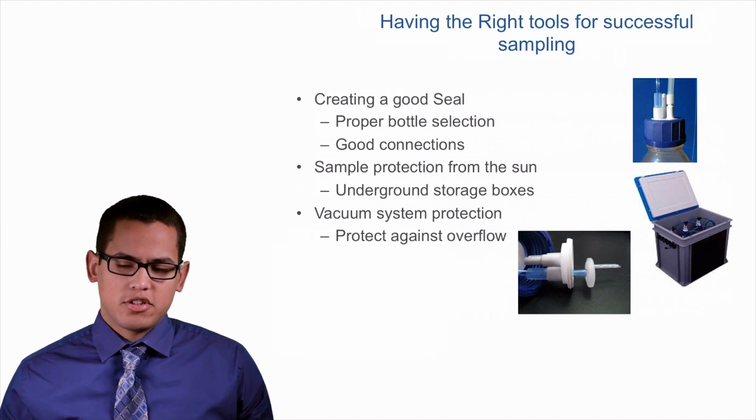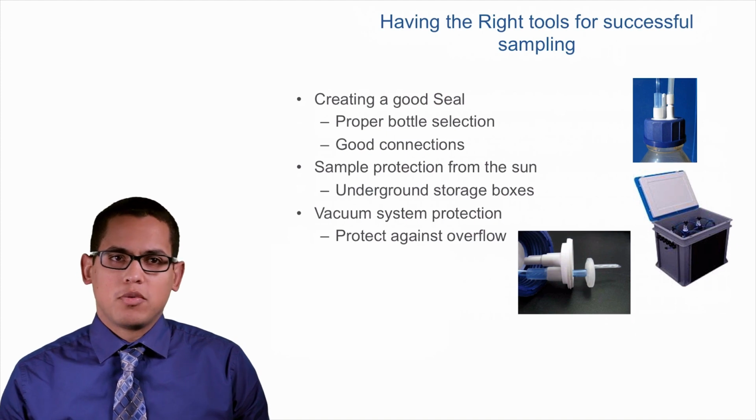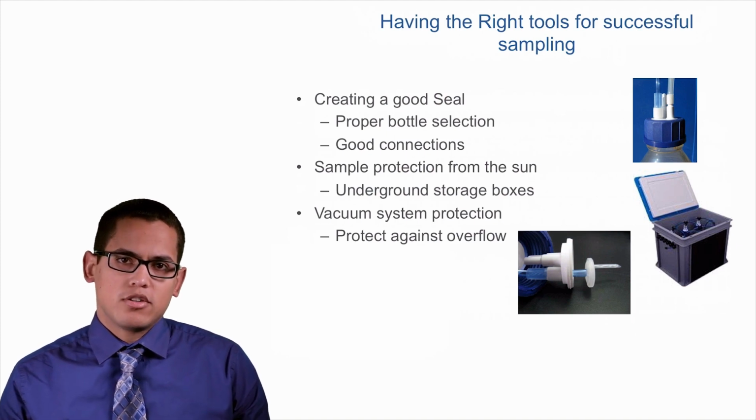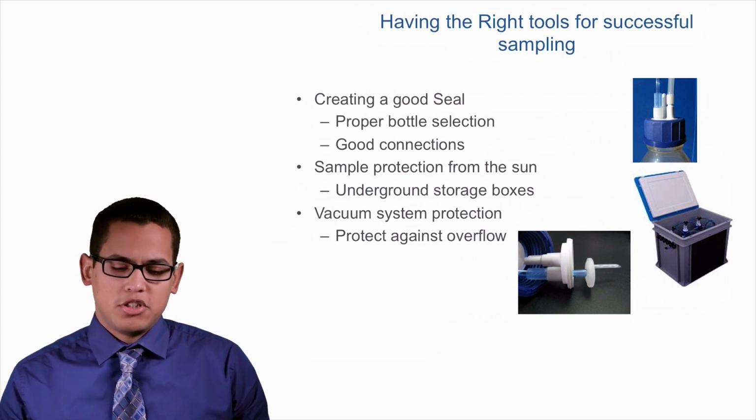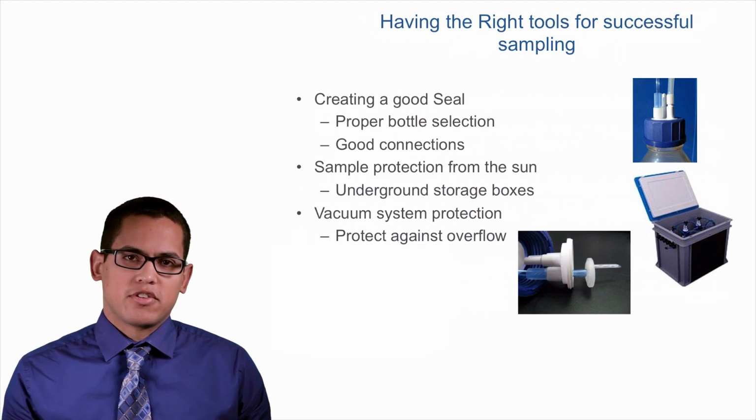Then some other considerations for the vacuum system, and primarily vacuum system protection, is you want to protect against overflow. Especially, you want to protect water from getting into the vacuum system. You also want to protect water from getting into the different sampling bottles to prevent cross-contamination.